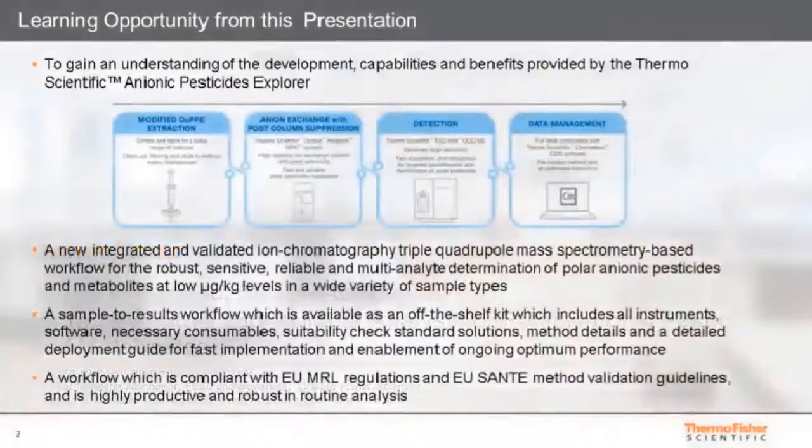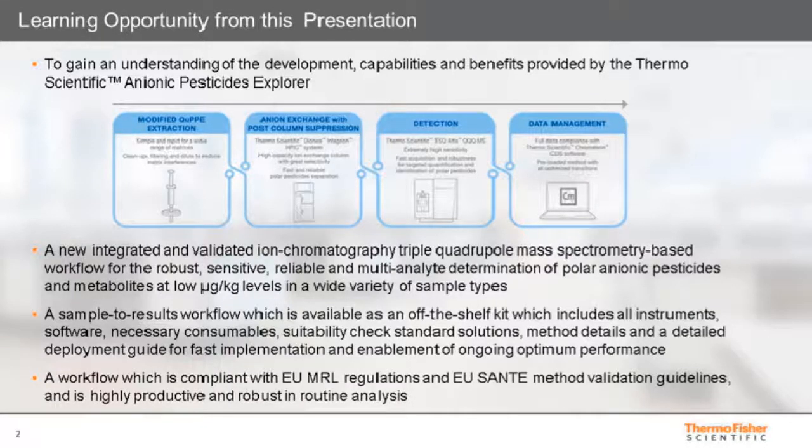Thank you for the introduction. We want to take this opportunity to discuss the development, the capability and the benefits of the new product, Thermo Scientific Anionic Pesticide Explorer. This is a new sample-to-results analytical workflow composed of 4 modules.